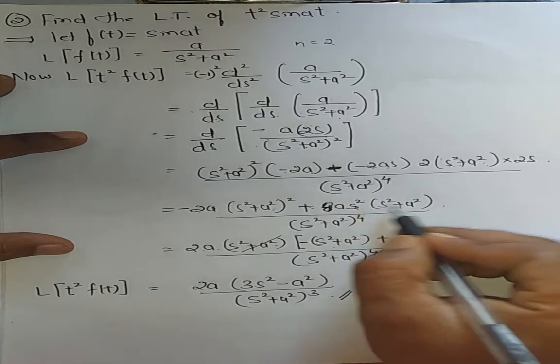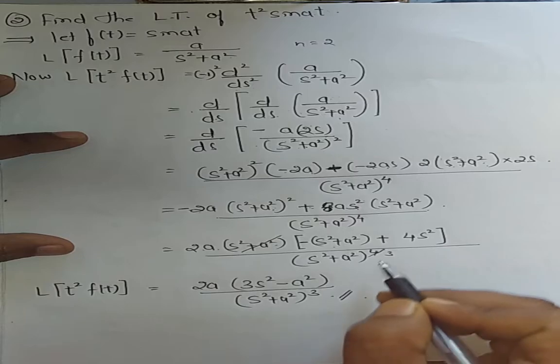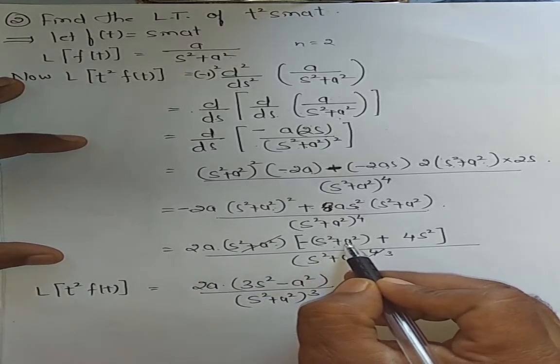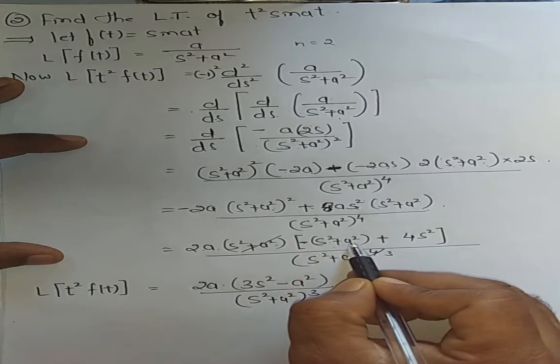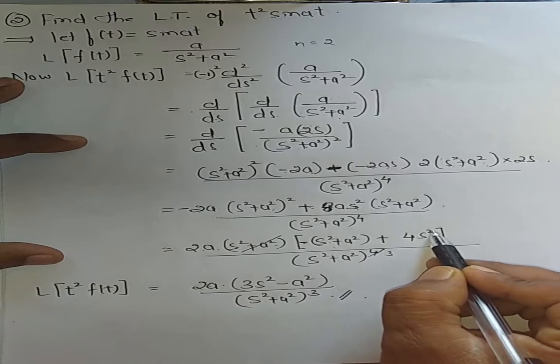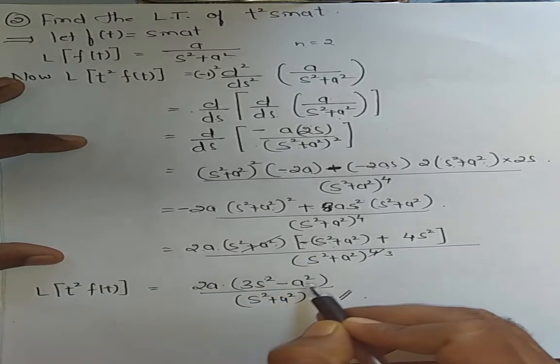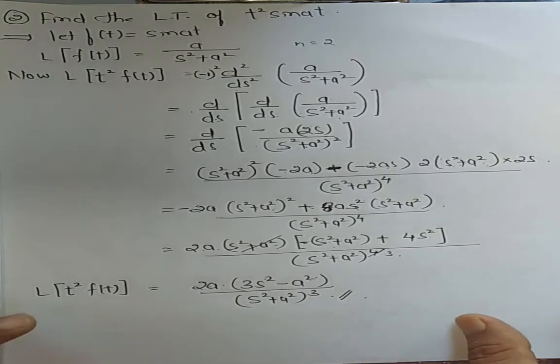So cancel one term here, it becomes 3 terms here. So 2a as it is, then simplify this one: minus multiply inside, minus a² plus 4a², 4a² minus a² is 3a², minus a² divided by this denominator. This is the second example.